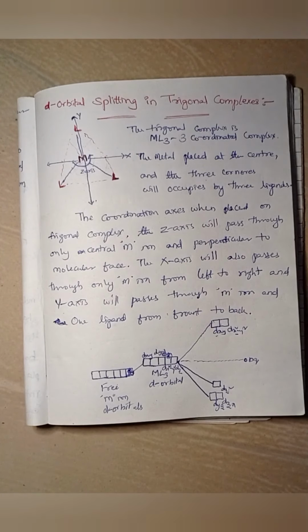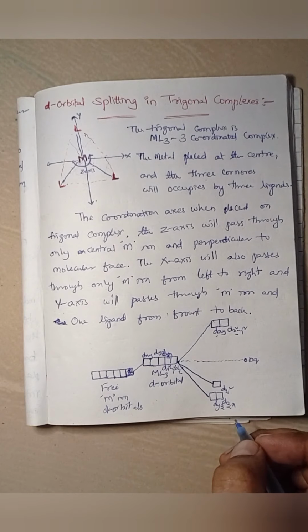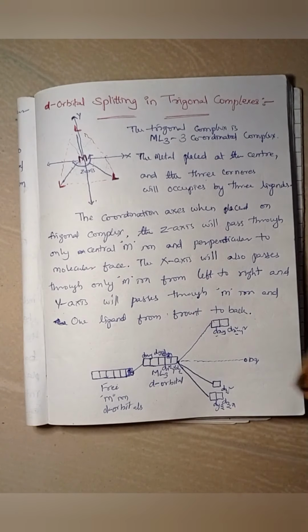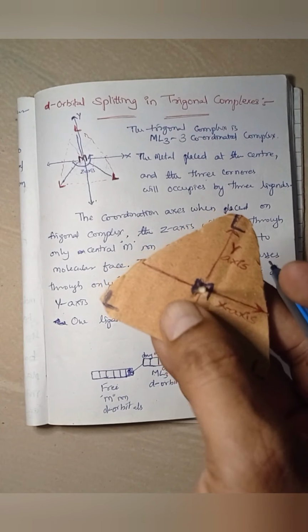but the lower energy of dz square will be slightly higher than the lowest energy level of dyz and dzx, since the spherical lobe in the middle of the dz square will have a slightly negative impact from the ligand sites. Right.